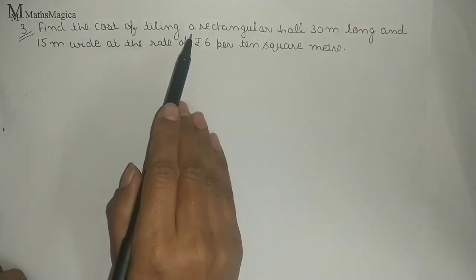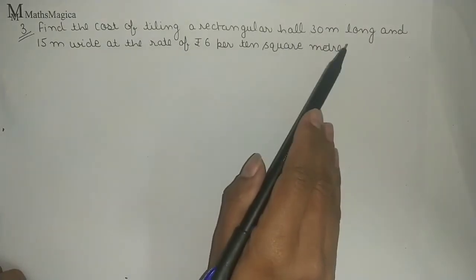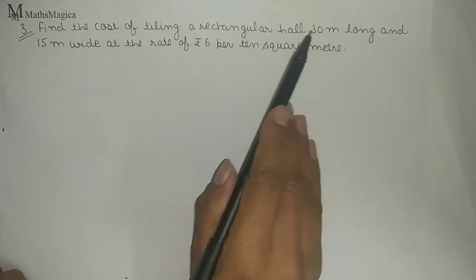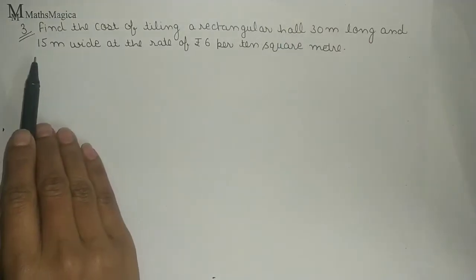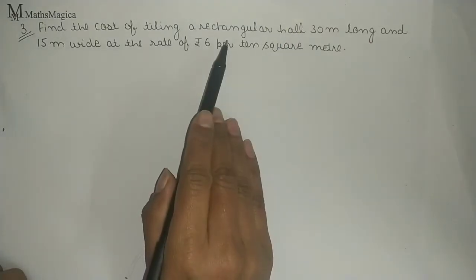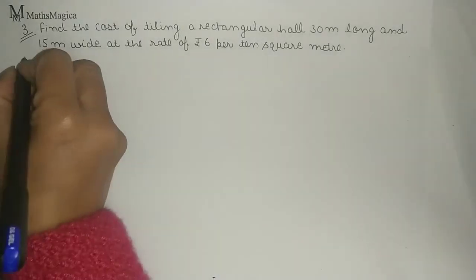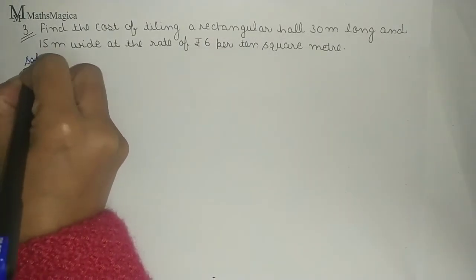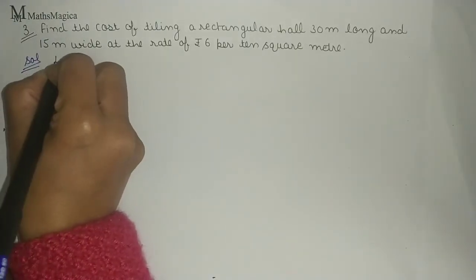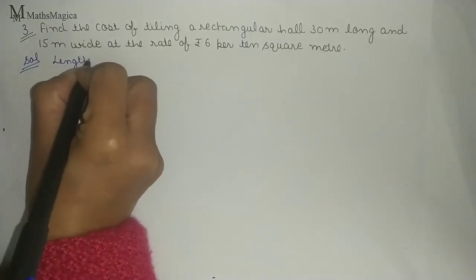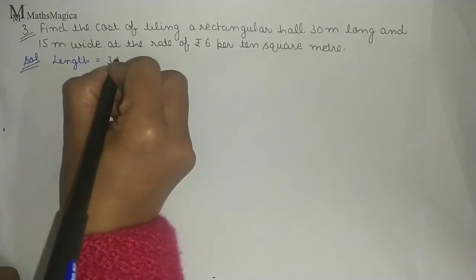Find the cost of tiling a rectangular hall whose length is 30 meter and breadth is 15 meter. Rectangular hall means shape of hall is like a rectangle. Now the solution of question is length of a rectangular hall is equal to 30 meter.